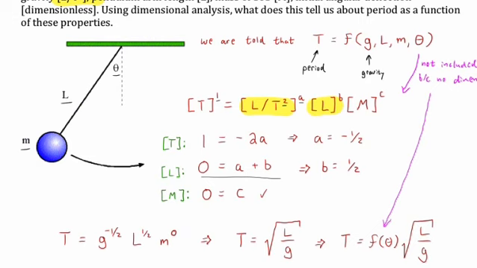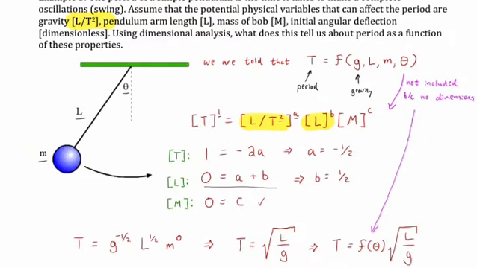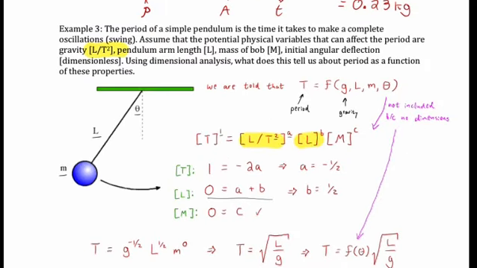So we can say, note, dimensional analysis shows T is independent of M. The period is independent of the mass.